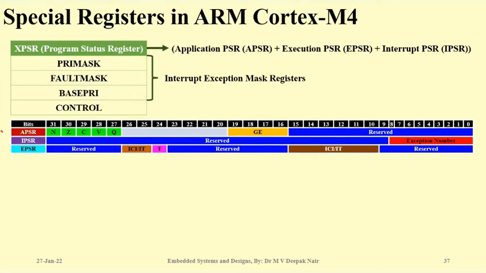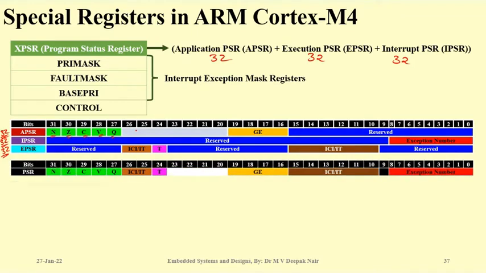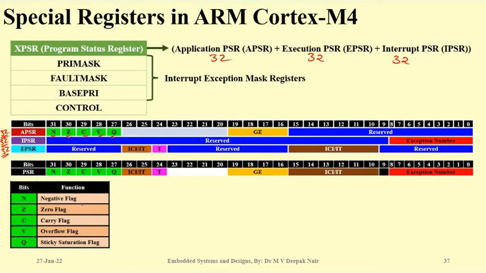This is a 32-bit register. This is also a 32-bit register, and this is also 32-bit. So individually they are all 32-bit. Please focus here. Individually, APSR is 32-bit, this is also 32-bit, and this is also 32-bit. But if you see this, the way they have been arranged is a bit different. For example, these N, Z, C, V, Q are your flags.